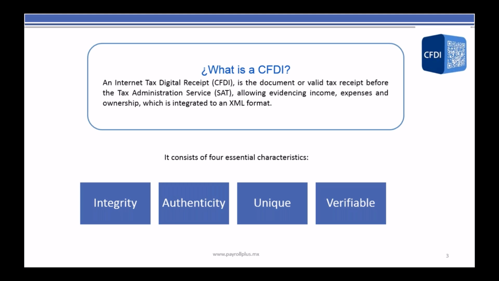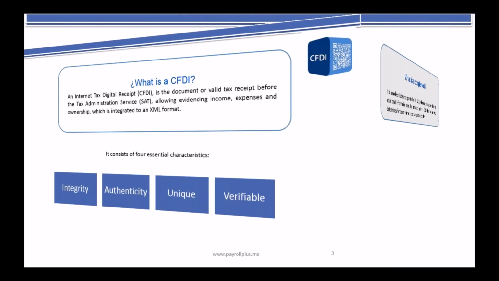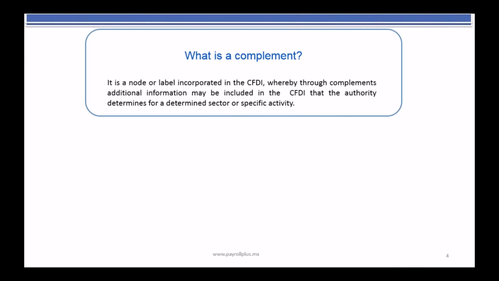Now, in these XMLs or CFDIs or invoices, which is the same thing, later on the authority included what is called a complement for a CFDI. And a complement is a note or label that is going to be attached to the CFDI, whereby through complements, additional information is going to be included.